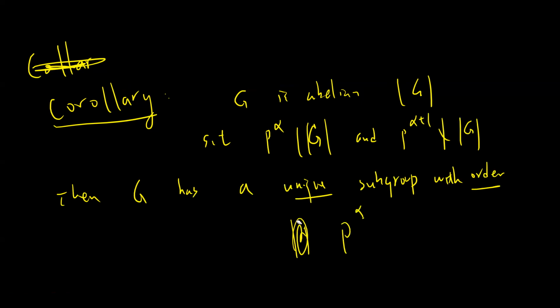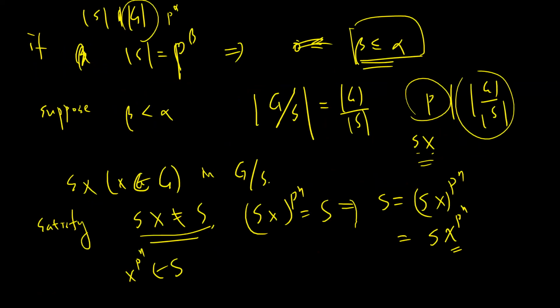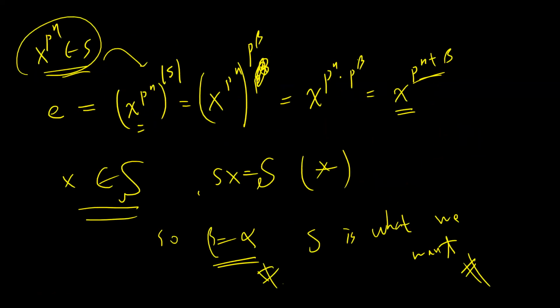Let me just make this theorem easy. So G has a unique subgroup with order P to the alpha. This is the Cauchy. So this proof is very long.